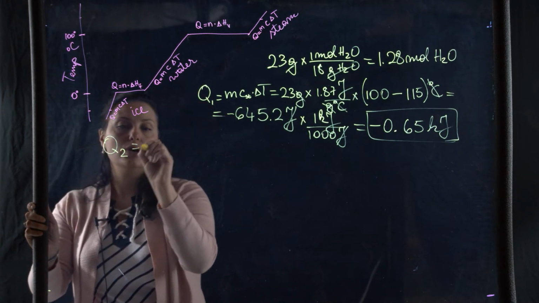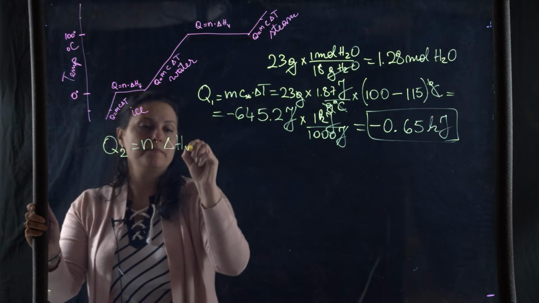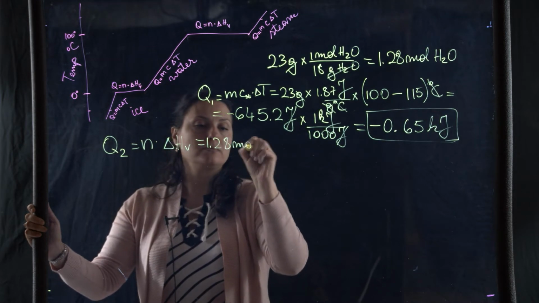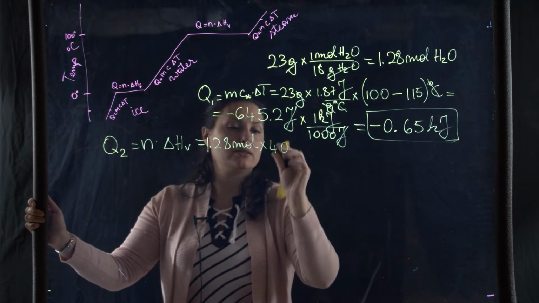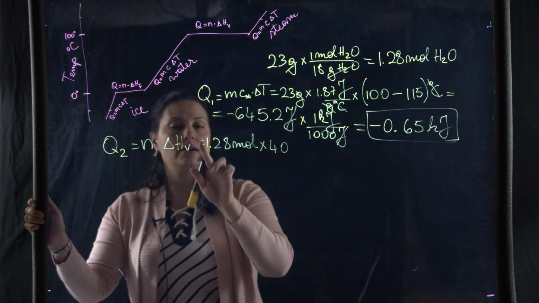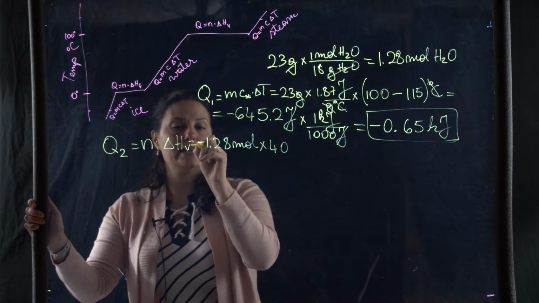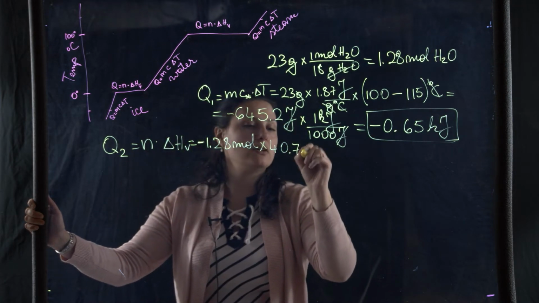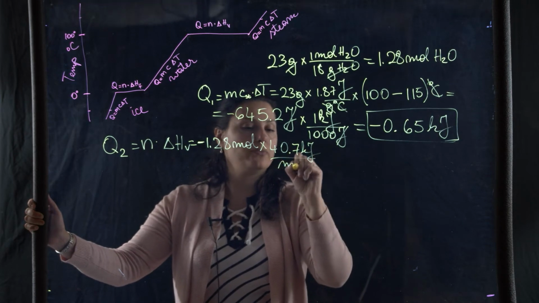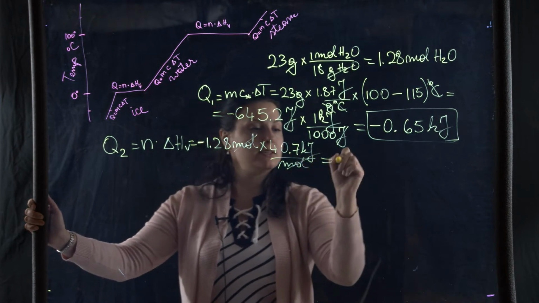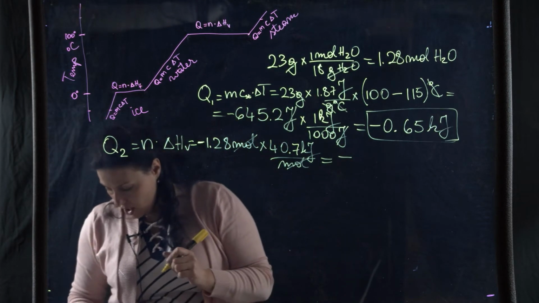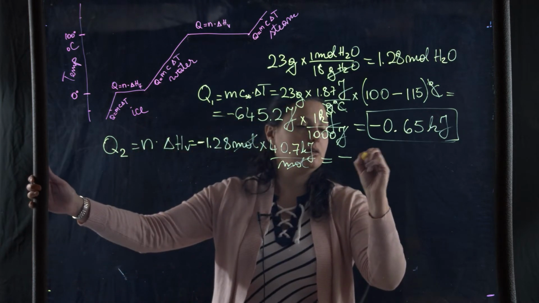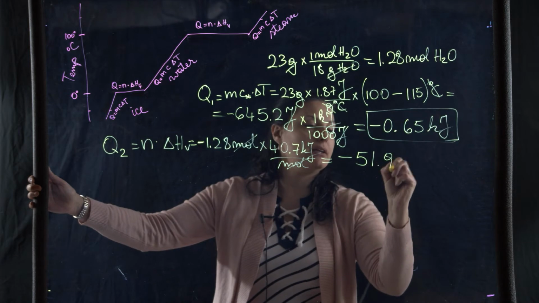So Q2 is N times delta H vaporization, which is 1.28 moles times minus, that's for the cooling part, 40.7 kilojoules per mole. My moles will cancel, and this will give me a negative value of 51.9 kilojoules.